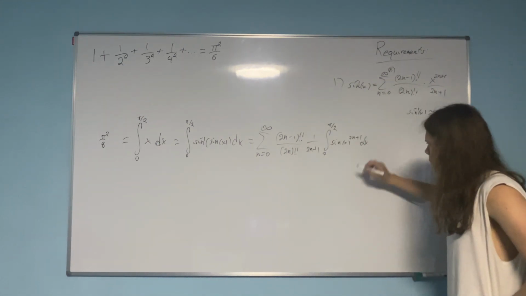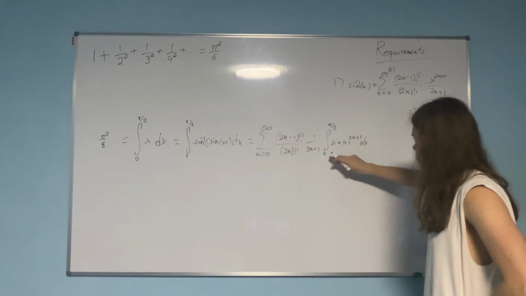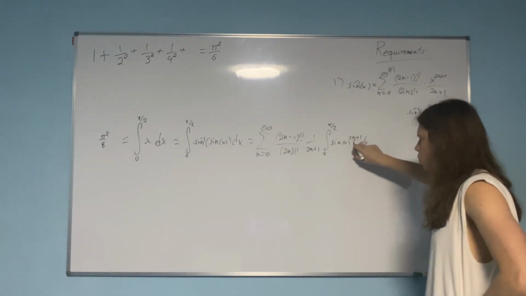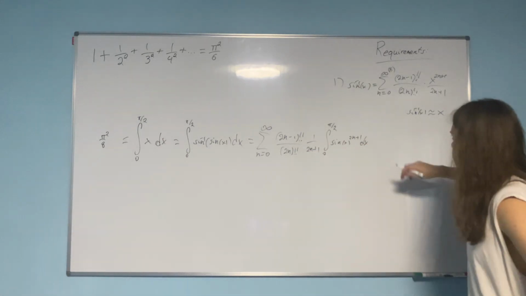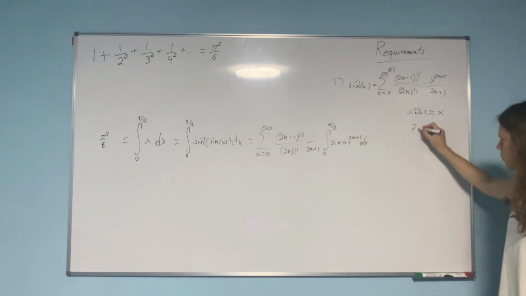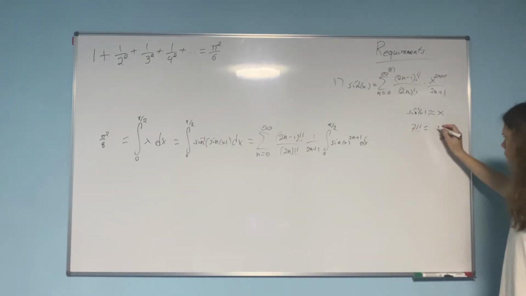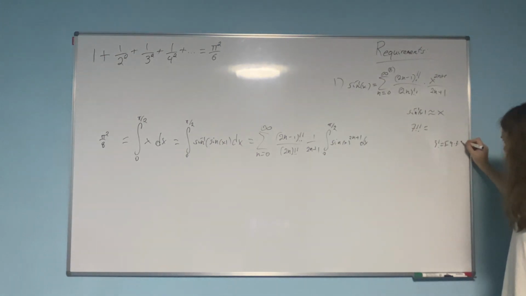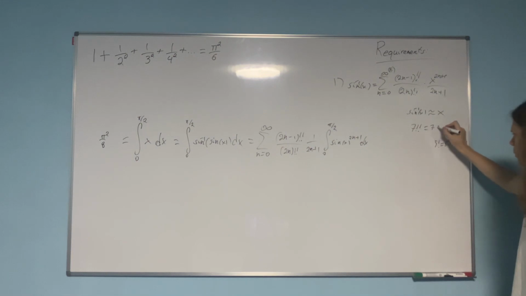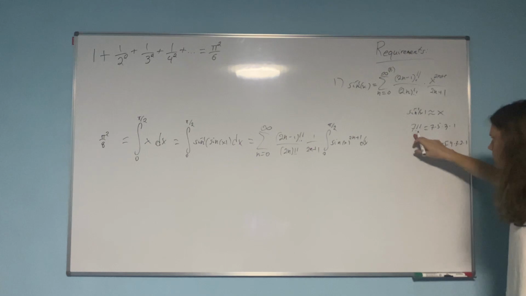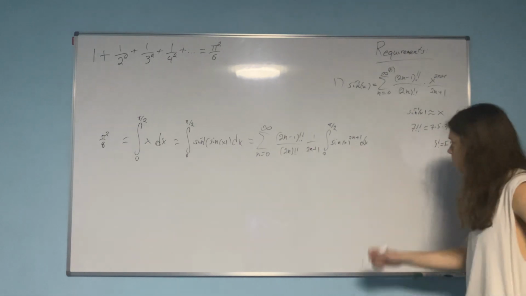We're left with this integral from 0 to pi over 2 of sine of x to the 2n plus 1 power. Oh yeah, I forgot to explain the double factorials. In case you don't know, double factorials just means instead of where we had factorials that we multiplied by numbers smaller than that number until we reach 1, here we do the same but reduce it by 2 until we reach 1 or 2, depending if the number is odd or even.